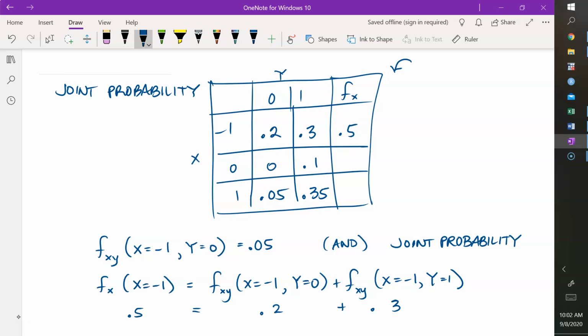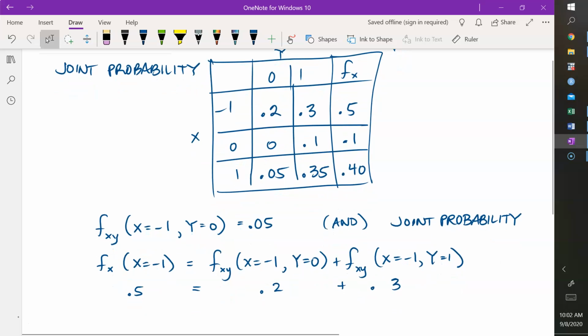The marginal probability comes from summing these. We can see the chance of x equals -1 is 0.5, the chance that it's 0 is 10%, and the chance it's 1 is 40%. So this is the marginal probability for x.